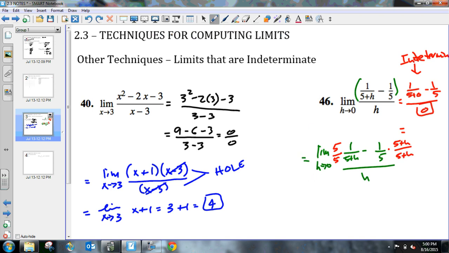I'm going to get the limit as h approaches 0 of 5 over 5 times 5 plus h, minus 5 plus h over 5 times 5 plus h.